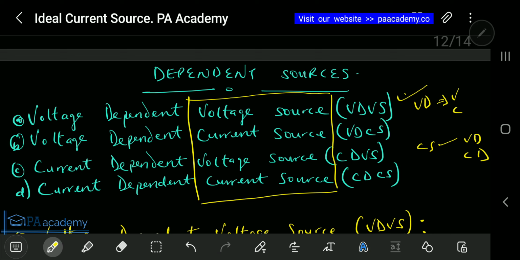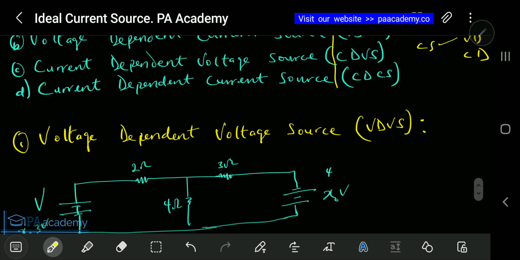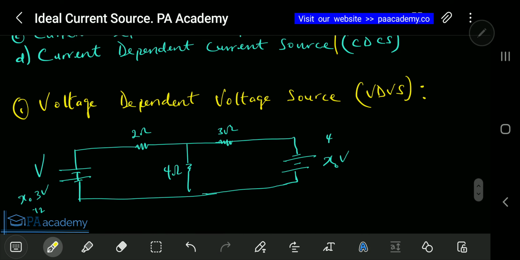So now let's look at each of these sources one after the other. Starting with the first one on the screen, we have a voltage dependent voltage source. If you are to analyze it, that means we are dealing with a voltage source.